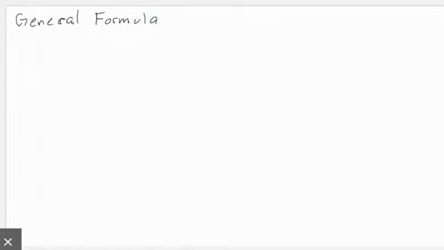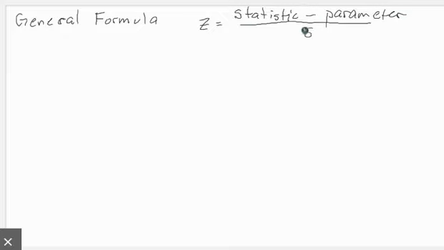And so our general formula is for a z-score. Our general formula for the z-score is our statistic minus the parameter divided by the standard deviation. We're going to take our statistic minus the parameter divided by the standard deviation.